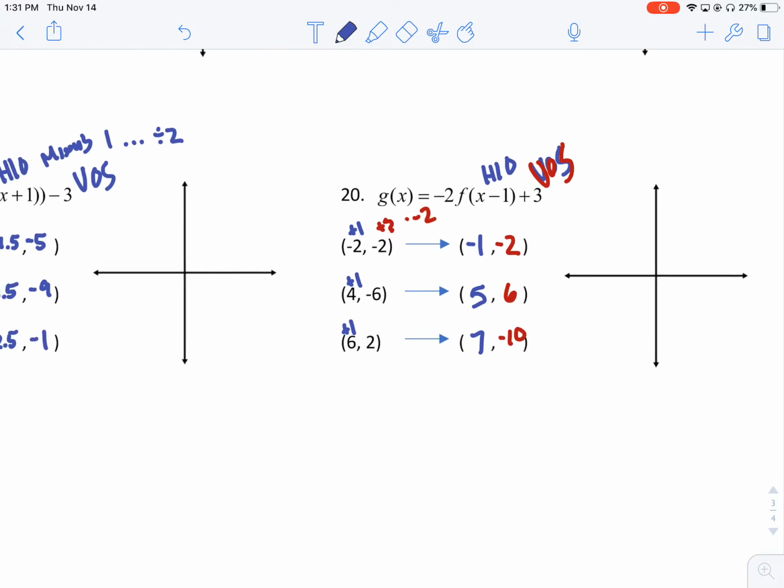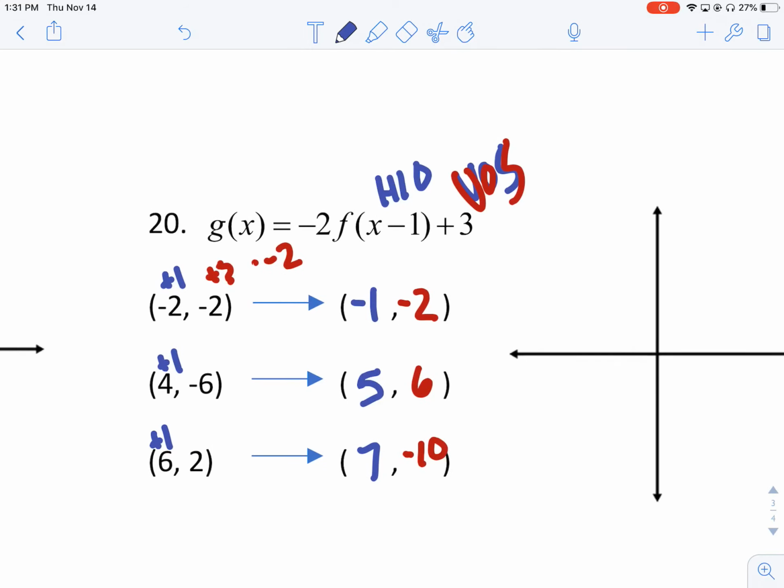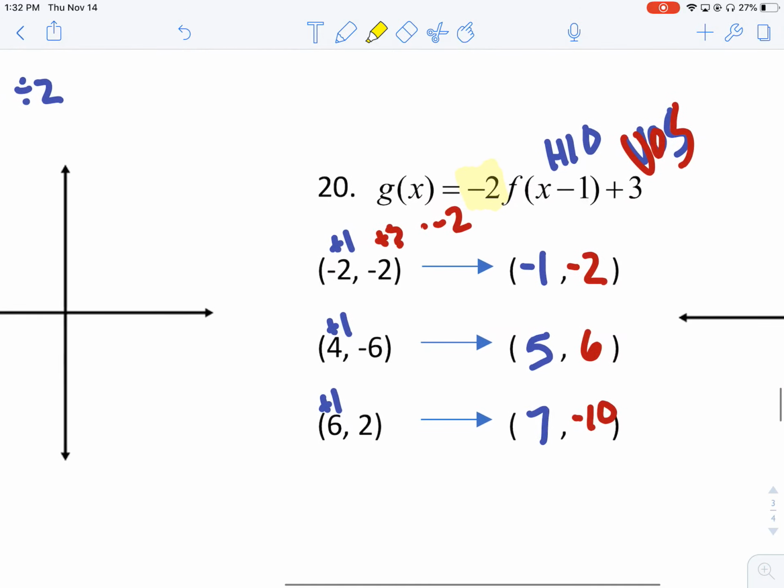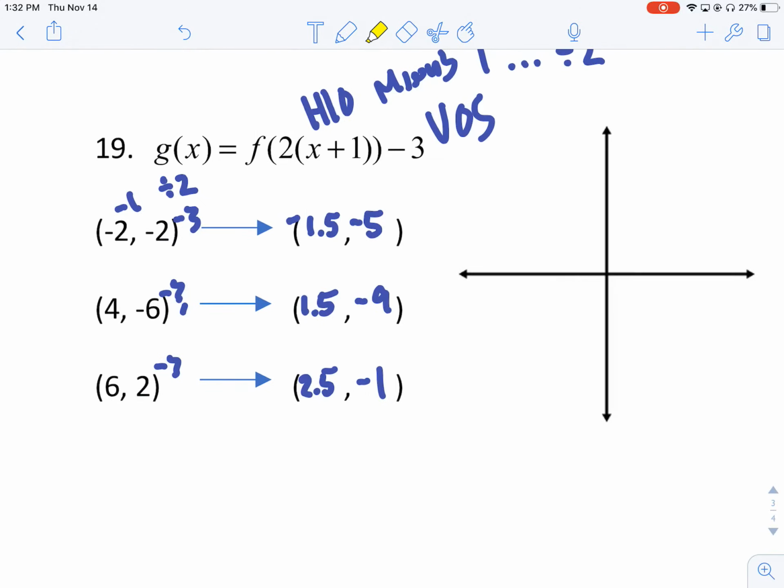Okay, so again with 20, this value out here, this negative 2 with the y should reflect over the x, and it should be a vertical stretch. This one here is with the x, so it is a horizontal compression.